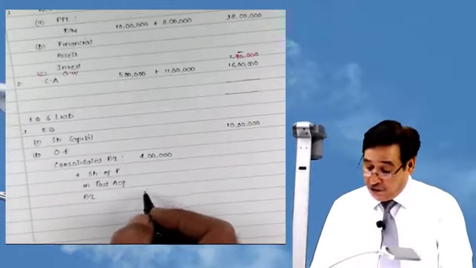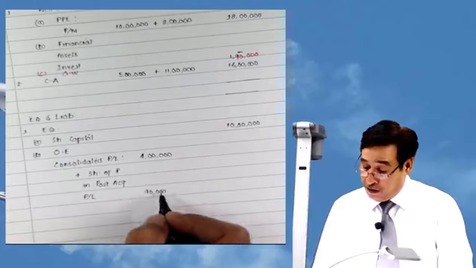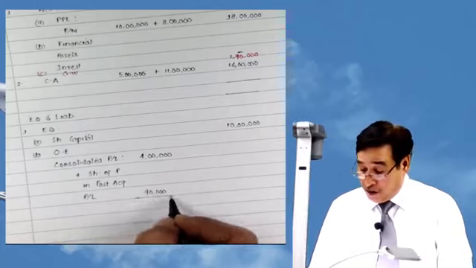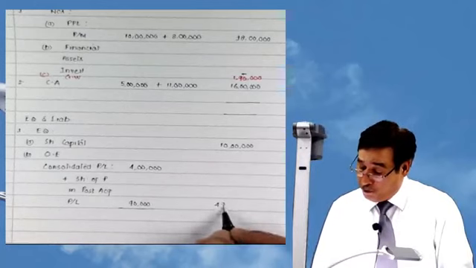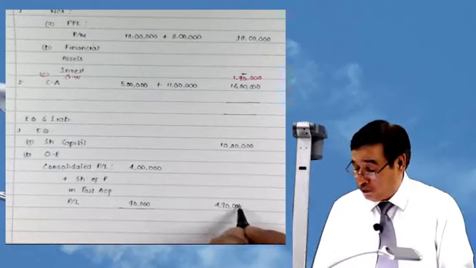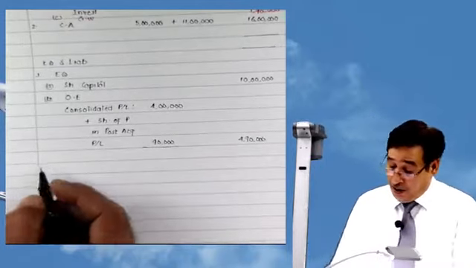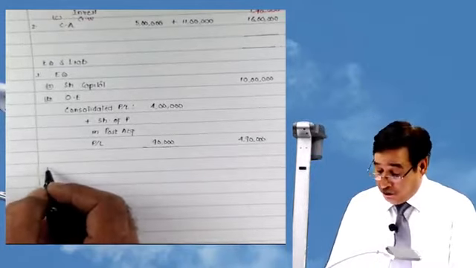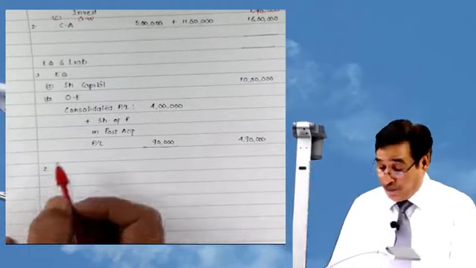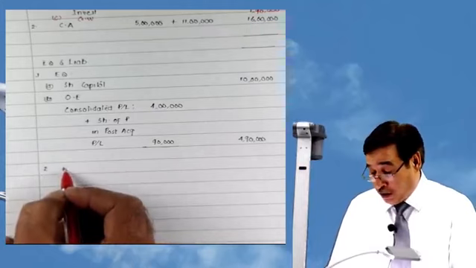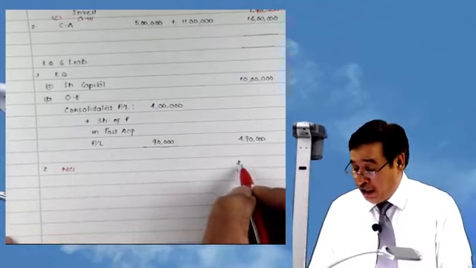So 90,000 we are going to add because it is of revenue nature for us. 4,90,000, now we are going to present it over here, correct? Similarly, now the next item which we are supposed to write here is non-controlling interest. Non-controlling interest is 4 lakh even in this question.